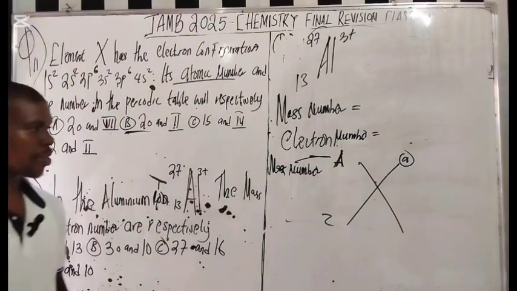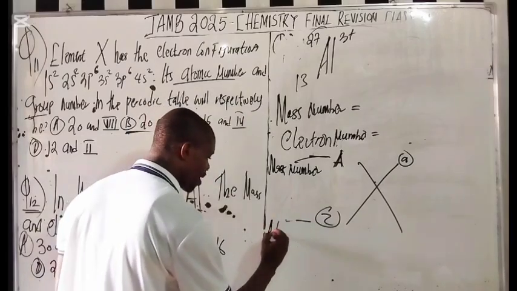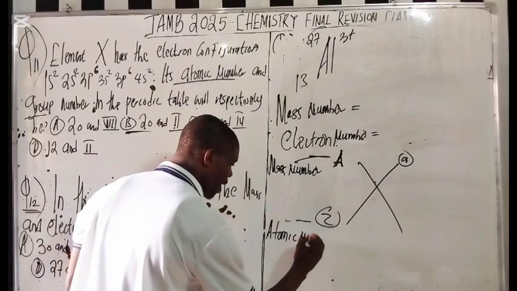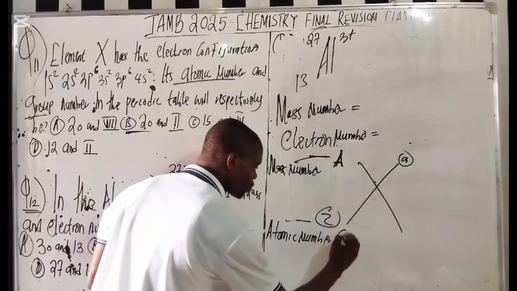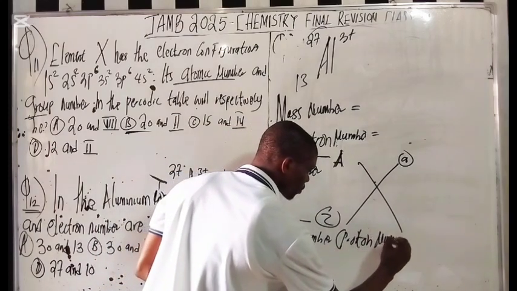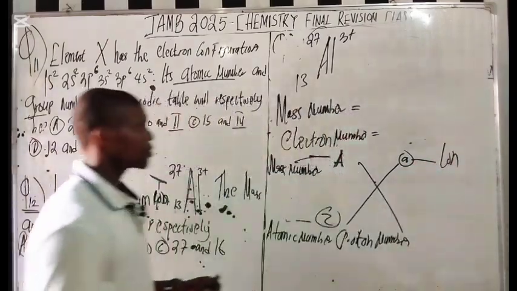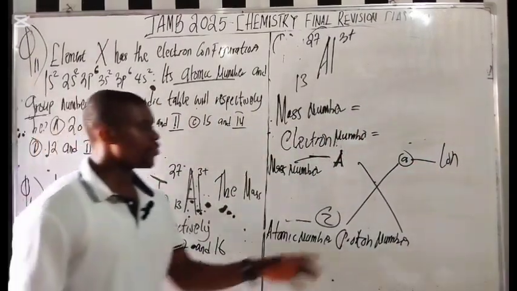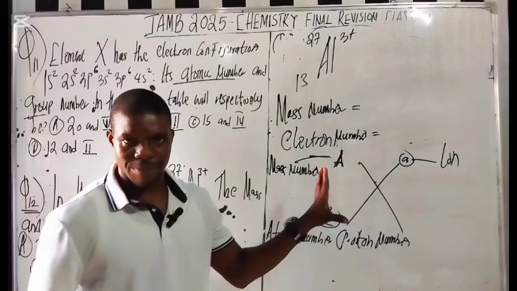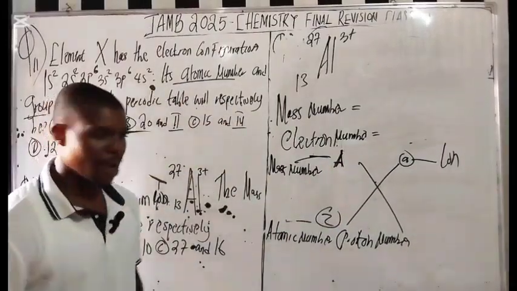This Z here is my atomic number, or proton number. Here is my ion. Now you can see that from here we don't have the electron number. You cannot know the electron number here, but there's a formula that relates the electron number.